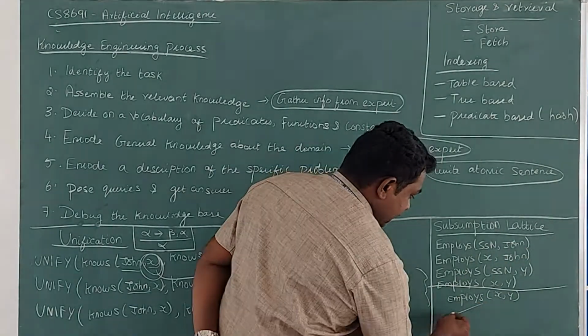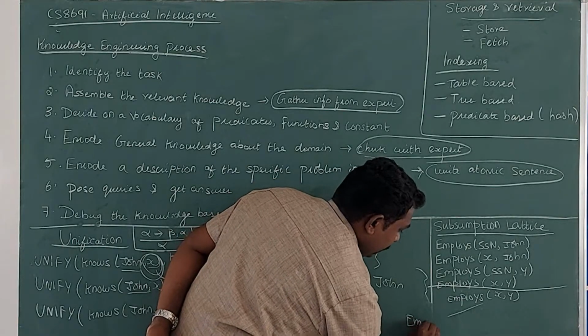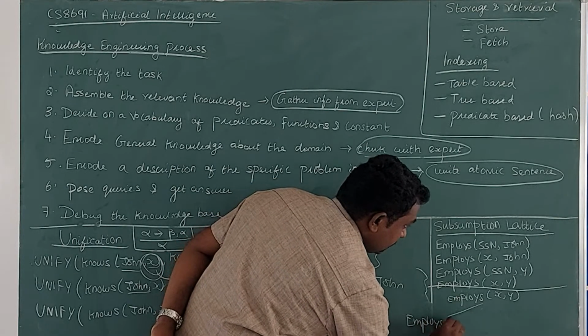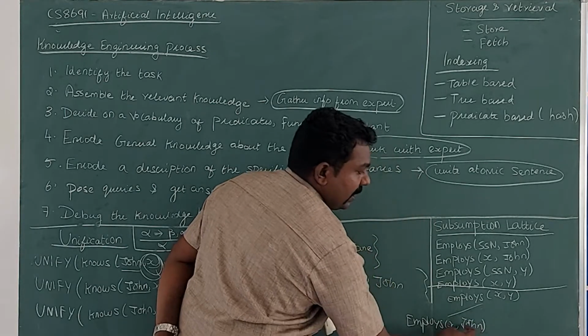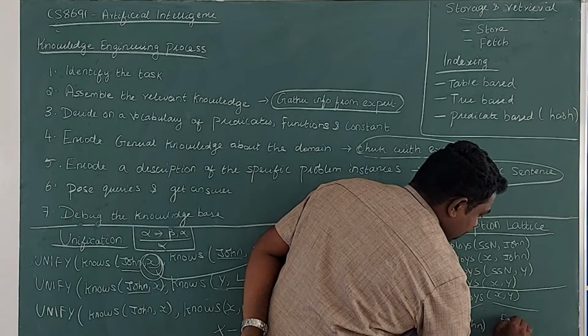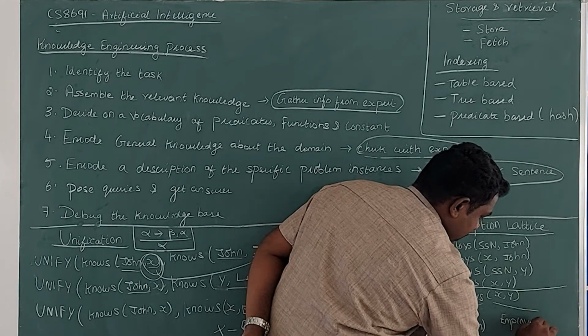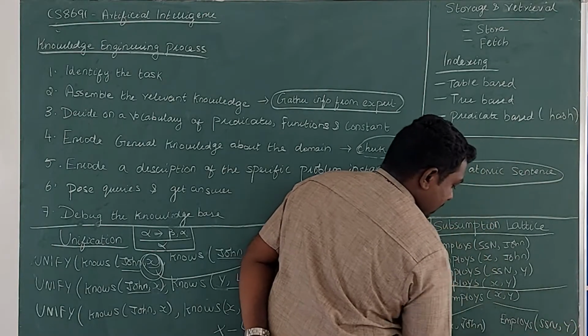On the left hand side, I am writing employs X comma John. So I know only the Y variable here. On the right hand side, I will be writing employs SSN comma Y. So I know the X value here.